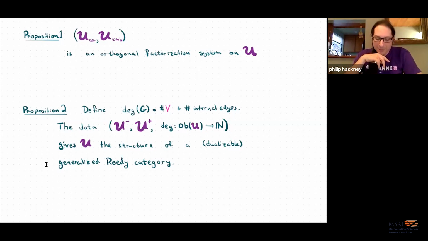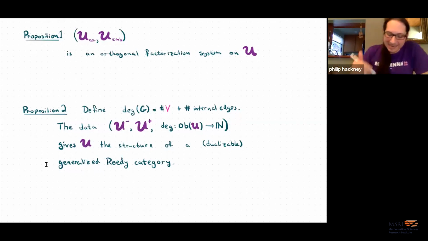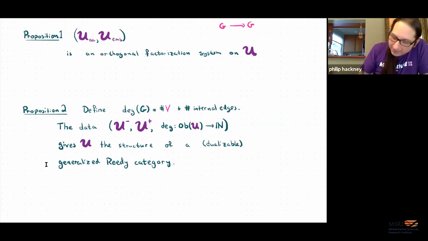And you could sort of imagine how to do that. The factorization looks like this. If I have G to G prime, it should factor through GHV.